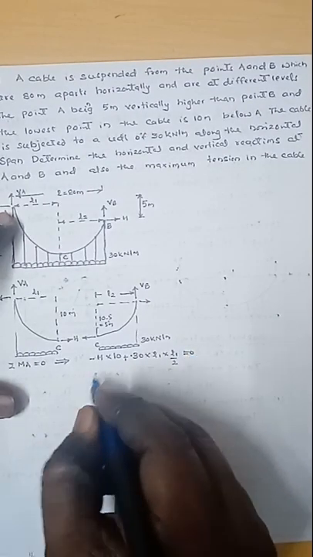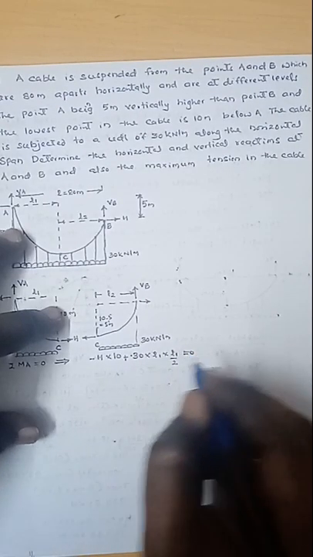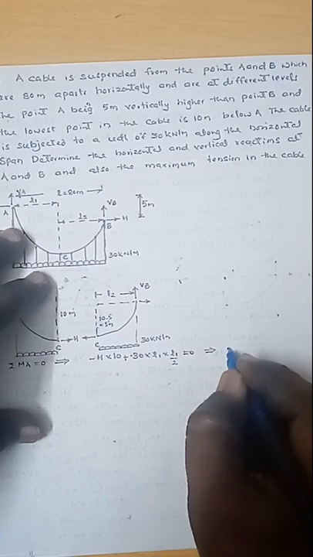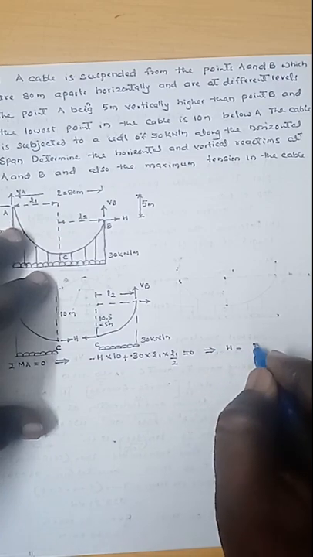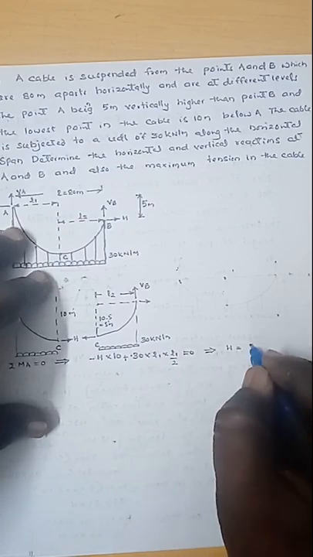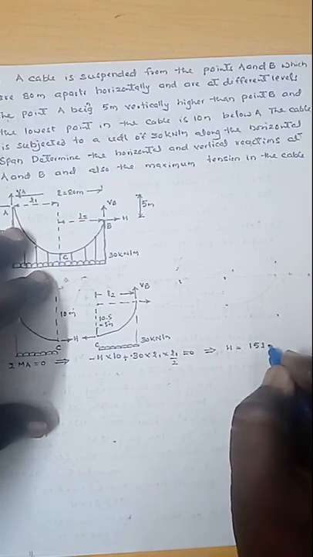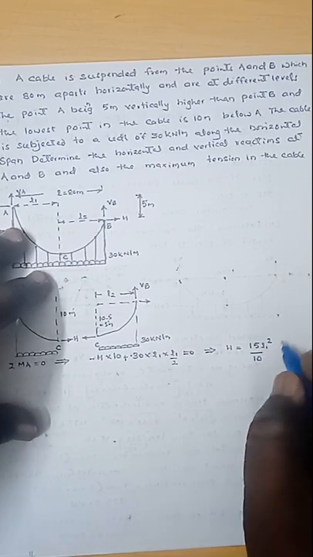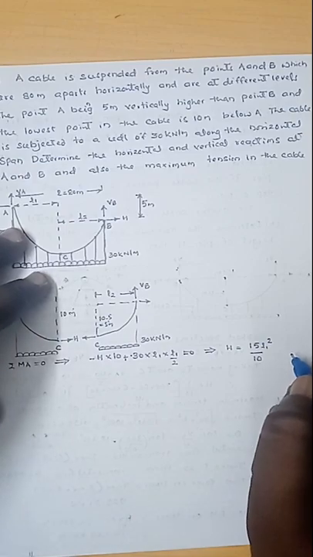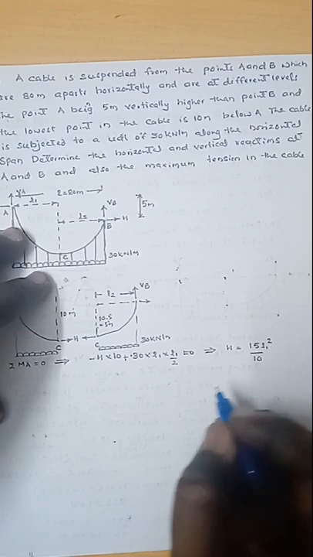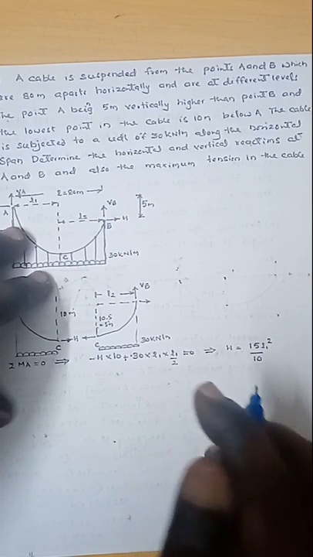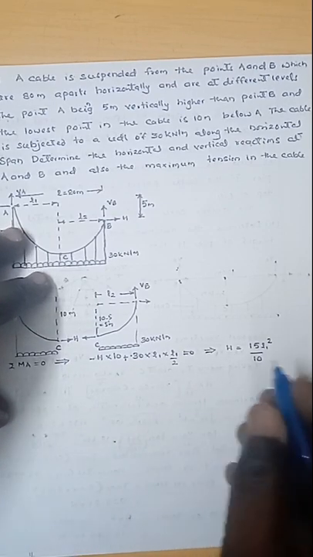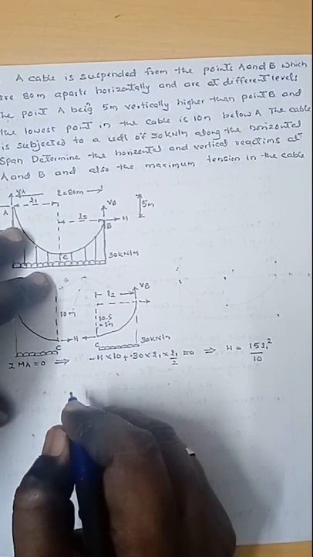Then moment of these two forces equals 0. Therefore here you will get an equation, H equals 30 by 2, 15 L1 square by 10.